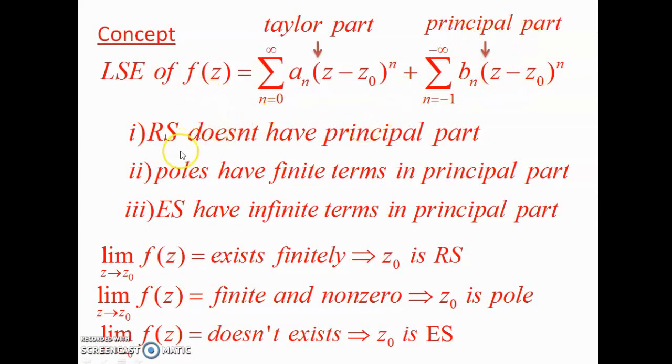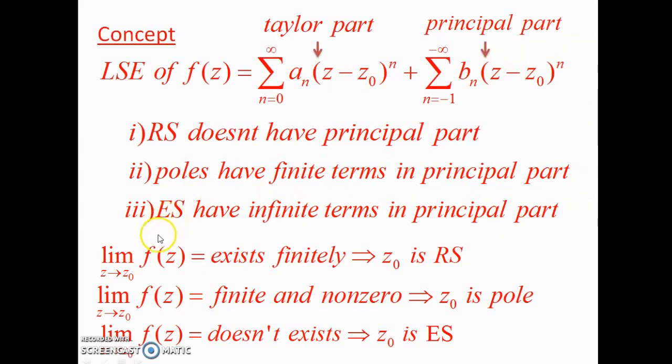So f of z has a removable singularity if it doesn't have a principal part, that is if it only contains the Taylor part. It has a pole if it has finite terms in the principal part, and if it has infinite terms in the principal part, then it has an essential singularity.